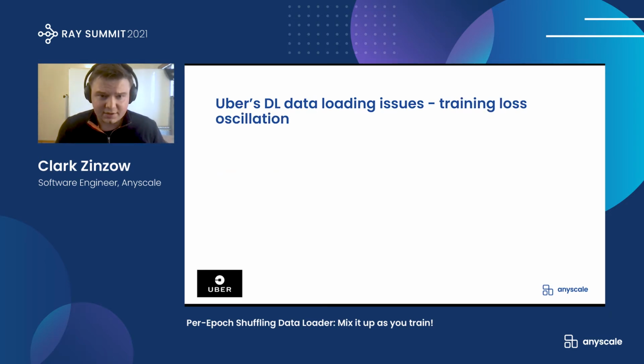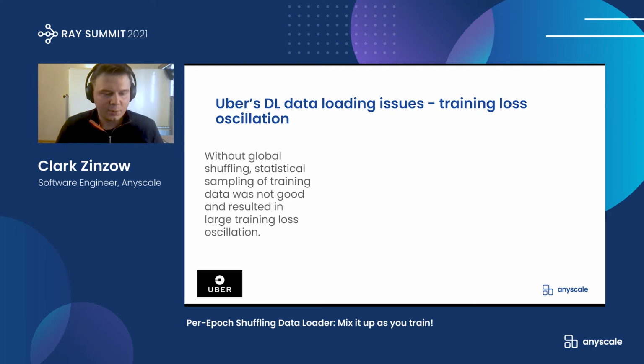And then when they tried to mitigate those latency spikes and throughput instability by turning off the global shuffling and just doing per input partition, per trainer partition shuffling, the statistical sampling of the training data was degraded by not doing a full global shuffle at the beginning of each epoch, and they saw large training loss oscillation.